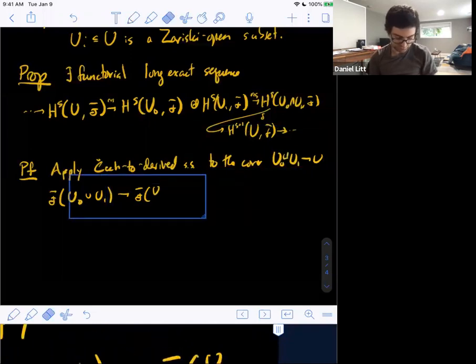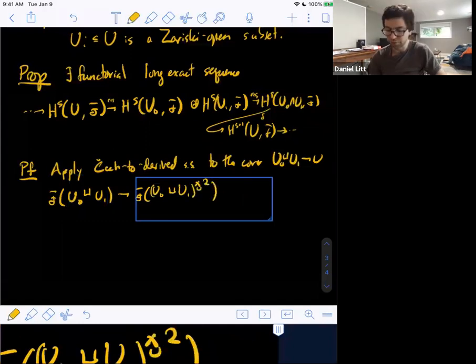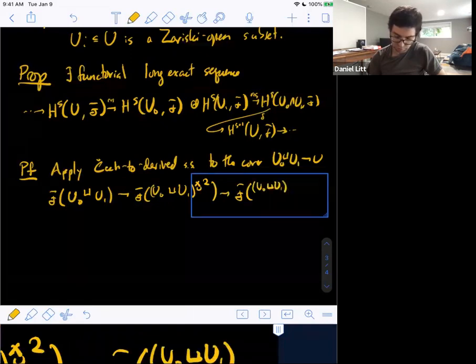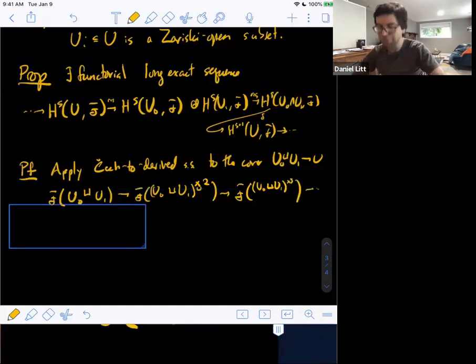So let me make these disjoint unions. Then the next term would be this thing, the double intersection over U. And then the next term would be the triple intersection, and so on and so forth. Note that none of these objects are actually empty.